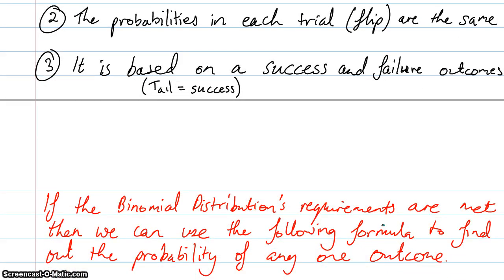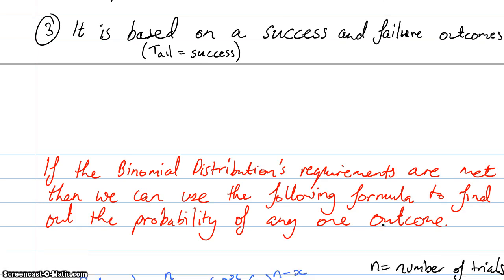So we can use the following formula to find out the probability of any one outcome. For example, if I said flipping the coin 10 times, what's the probability of finding, say, 3 heads? I could do that fairly quickly using the binomial distribution formula, which I'll show you right now.